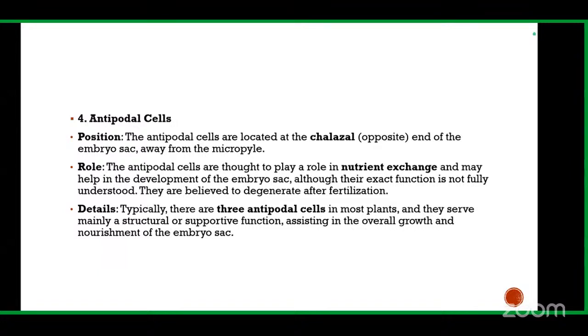It is thought that their role is nutrient exchange, and they may help in development of the embryo sac. The exact function is not fully understood, and they are believed to degenerate after fertilization. Typically there are 3 antipodal cells in most plants, and they serve mainly a structural and supportive function.